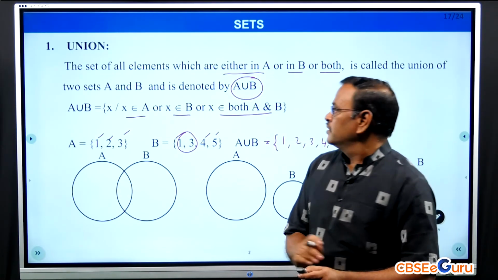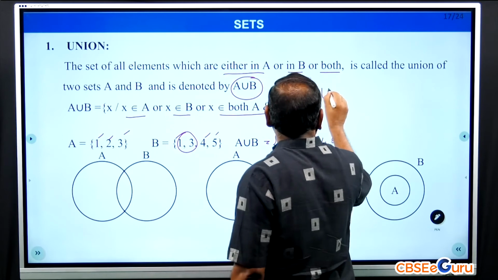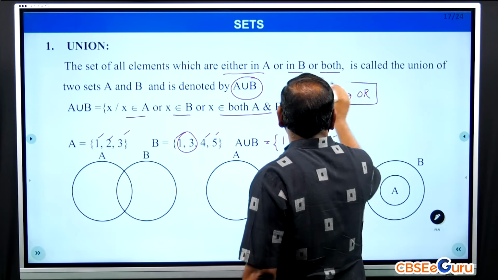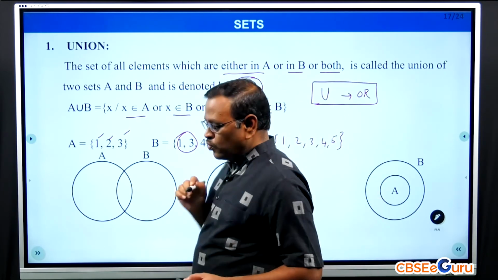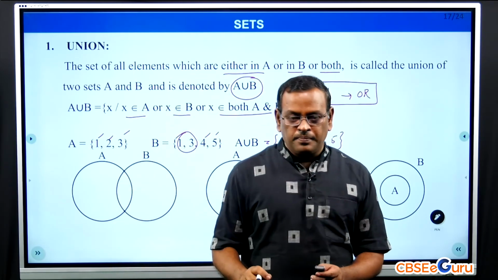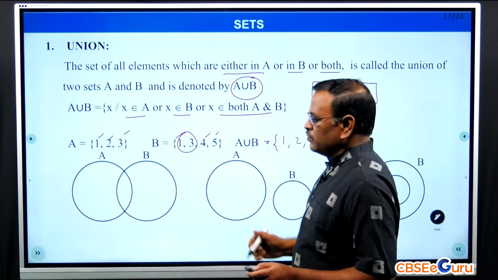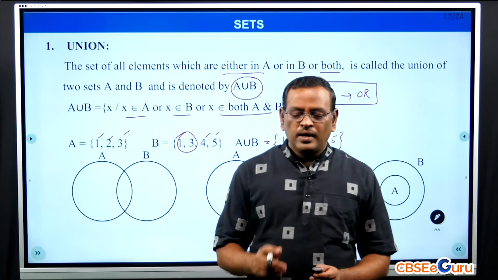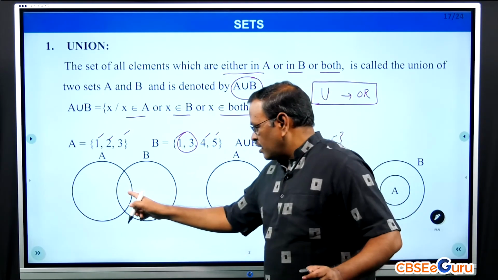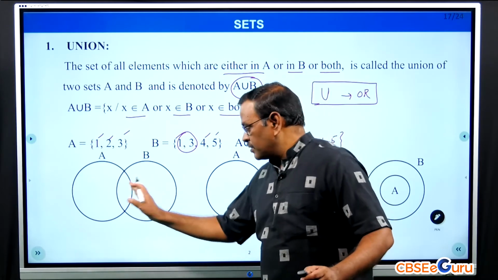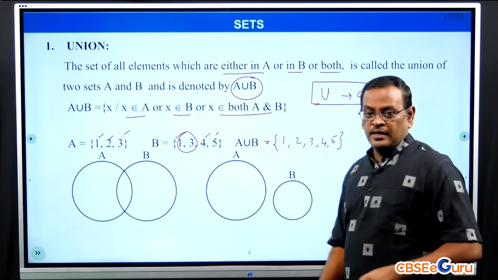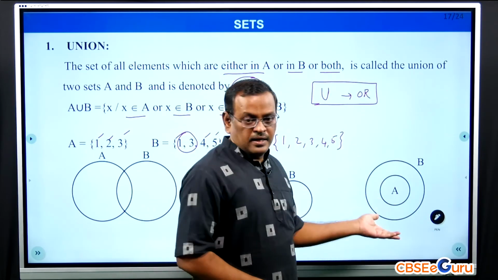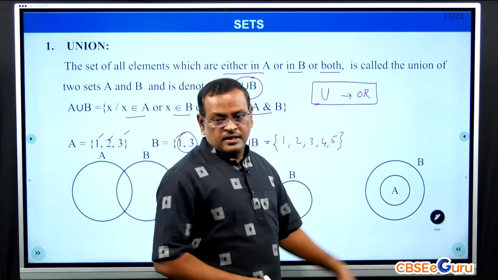So the union operation means OR. Every operation has one important operator meaning. Now, if you draw two circles, you have only 3 possibilities: with some common area; no common area; or one set is a subset of the other, where all is common area and the set is inside the other set.